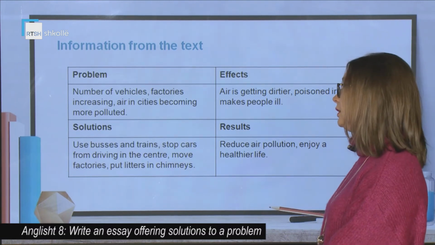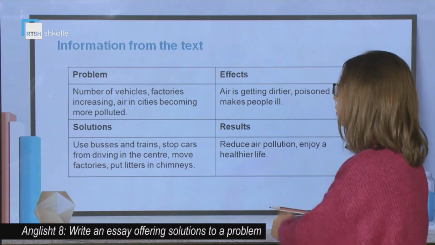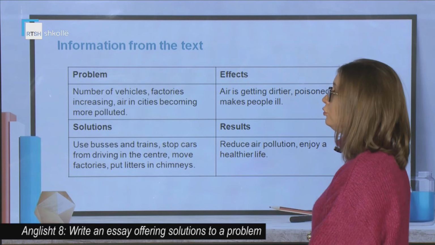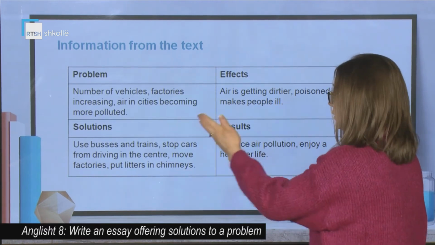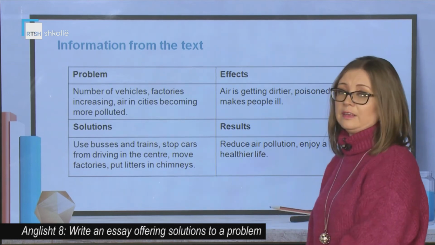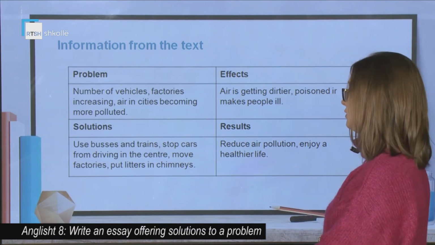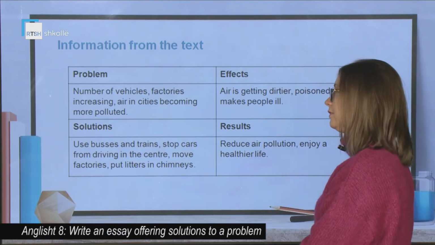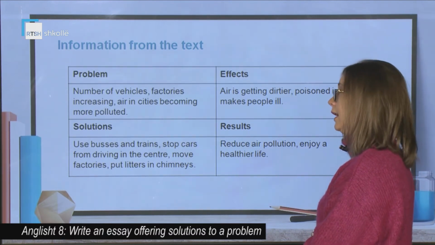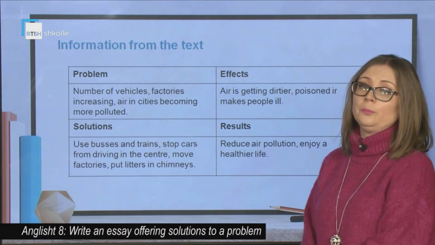I actually prepared a table for you to define which was the problem, the effects, the solutions, and the results. Let's have a look at the first one. What is the problem? The number of vehicles and factories increasing, air in the cities becoming more polluted.